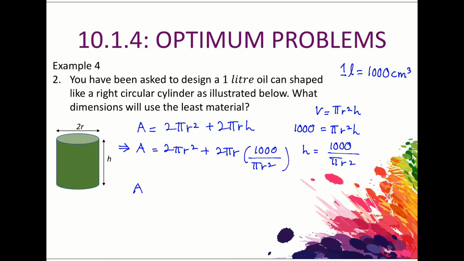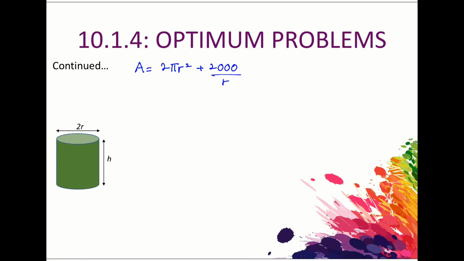And finally, A is equal to 2 pi r squared plus 2000 over r. So now that we have the expression of A in terms of r, we can differentiate A with respect to r. So dA/dr is equal to 4 pi r minus 2000 over r squared.